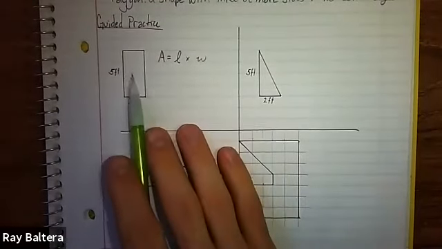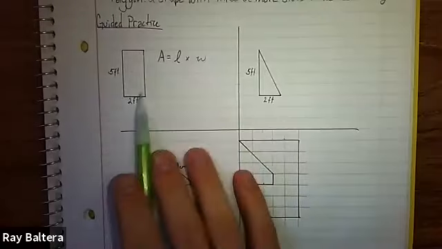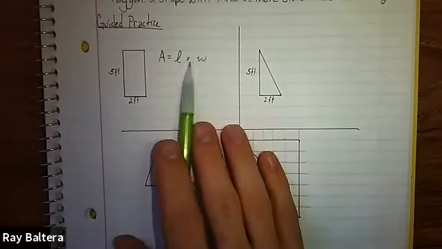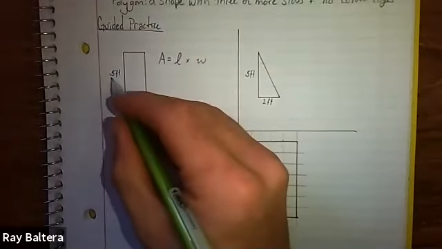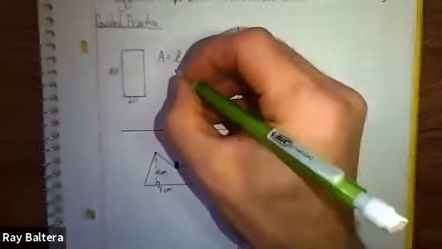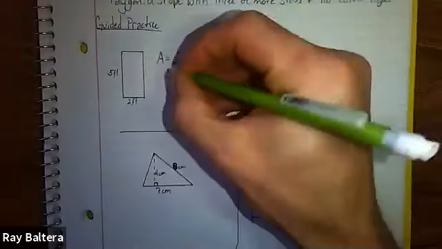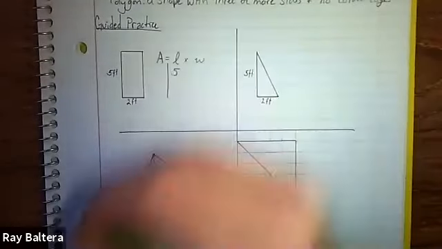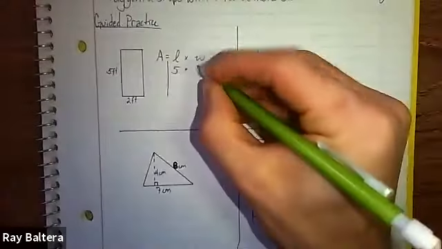So everybody next to this shape that you just drew in your own paper, this is a 5x2 rectangle, should have area equals length times width. And now we can go through and find the length here, and it doesn't really matter which one is which. The length is 5. The width is 2.